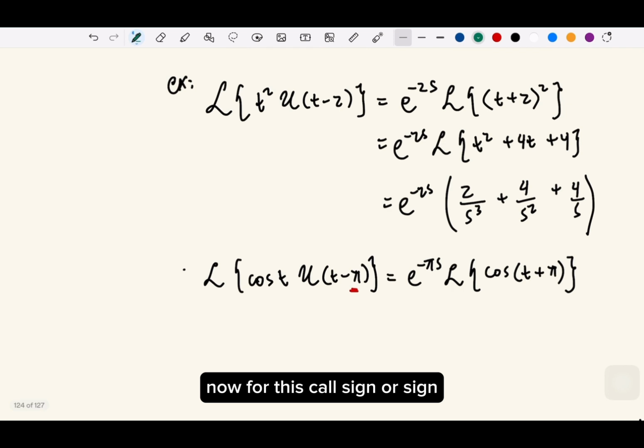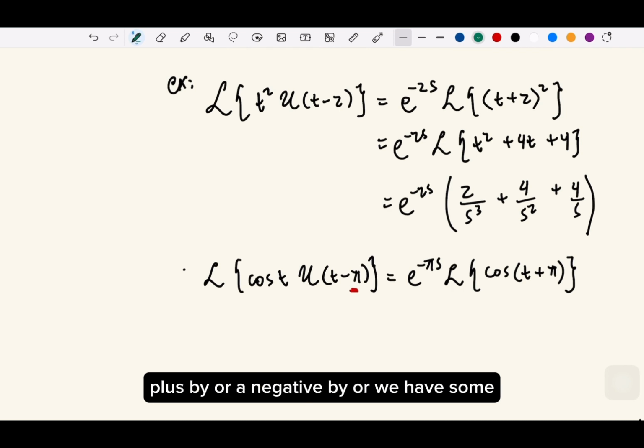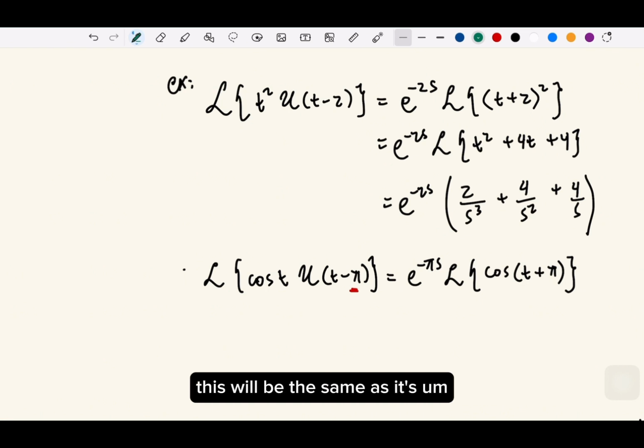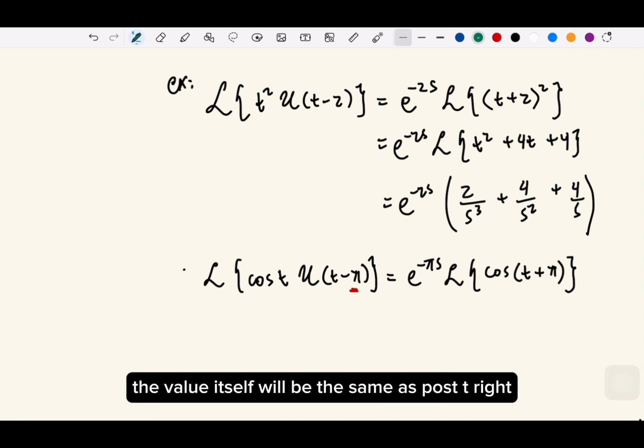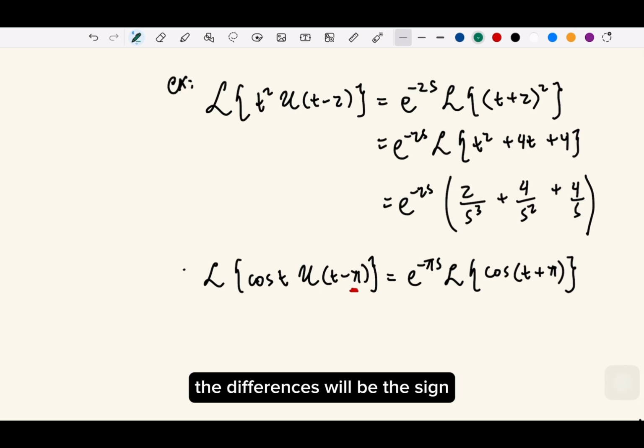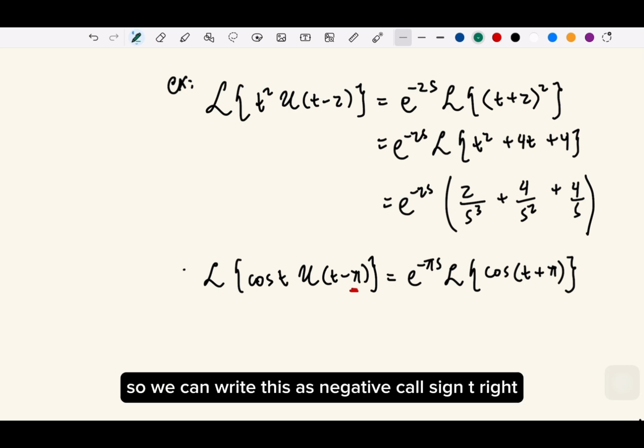Now, for this cosine or sine, sometimes we have this plus pi or negative pi, some shift in the t inside here. We always remember that in trigonometry, if we have cosine of t plus pi, the value itself will be the same as cos t, right? The difference will be the sign. Okay? So we can write this as negative cosine t, right?